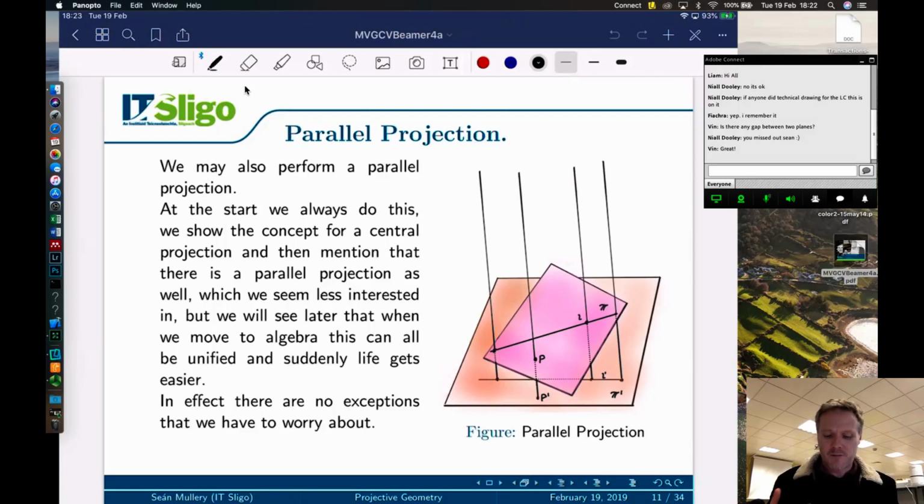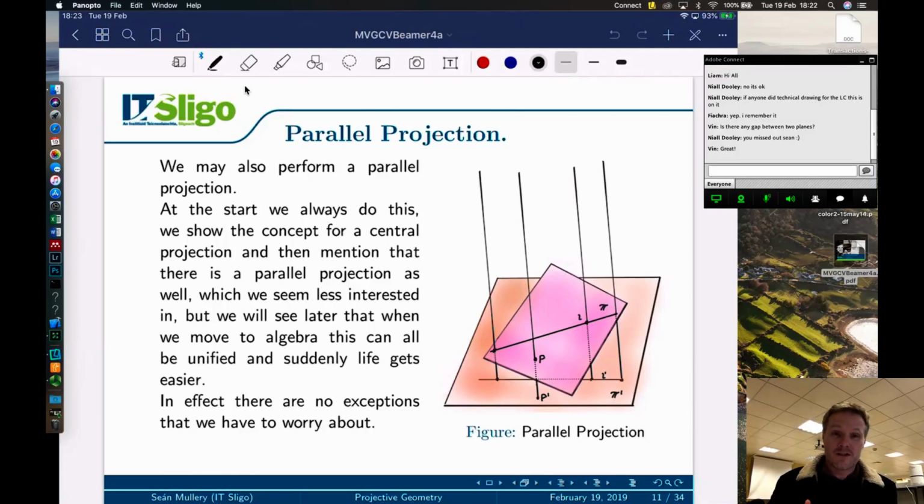But the parallel projection doesn't have a central point. So these lines all just go off in any direction. At the start, we always talk about the central projection, and then we say, by the way, there's also this parallel projection, just to mention it. And you can get the impression straight away that we're not as concerned about it.